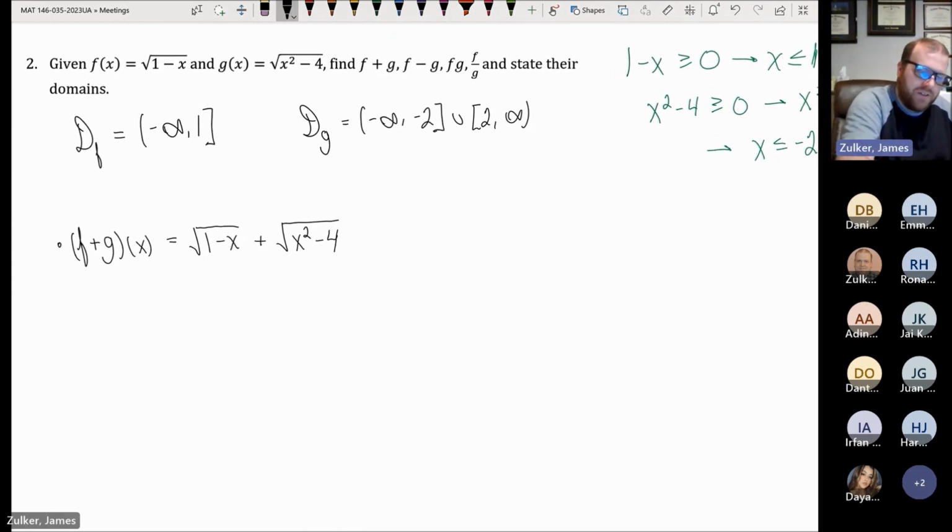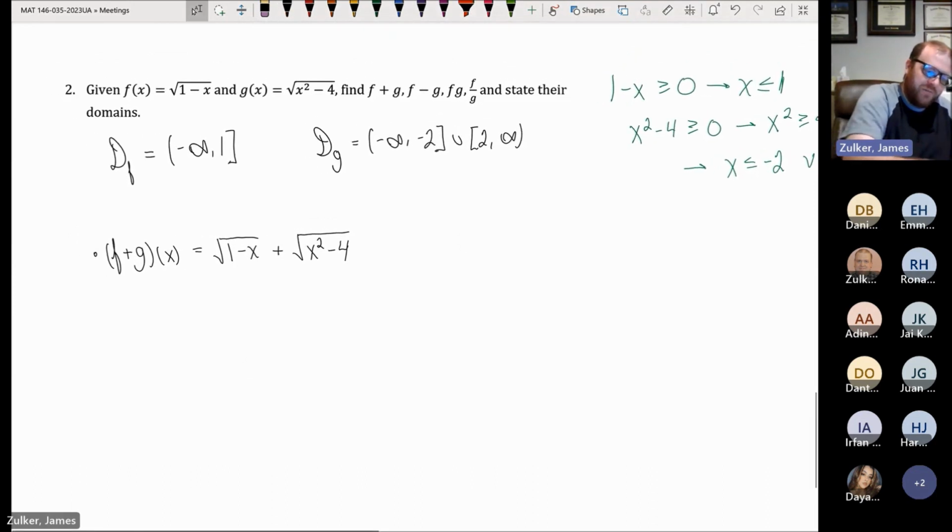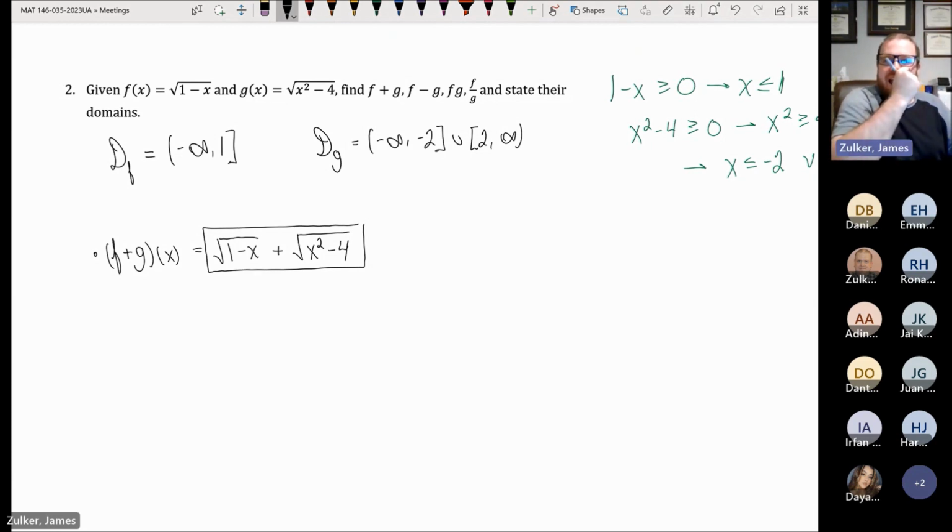You just zoomed in too much. Right? It cannot be simplified. Remember, you cannot combine the sum of square roots.